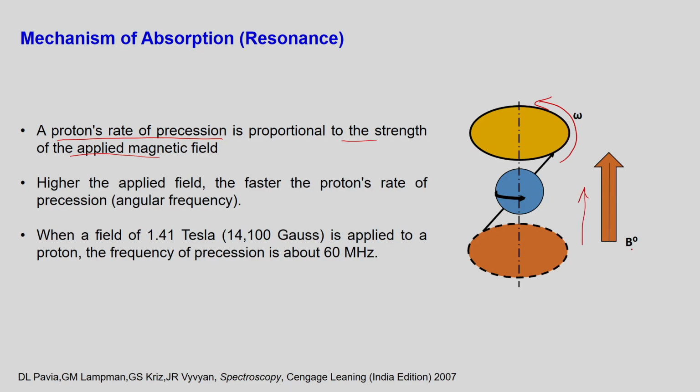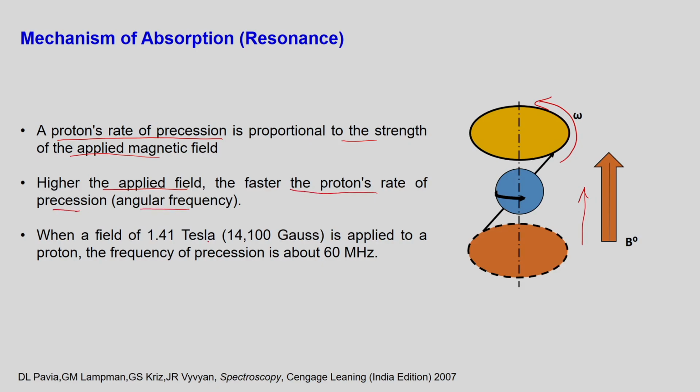This omega also depends on the magnetogyric ratio which I told you, which is nothing but the ratio of the magnetic moment to the angular momentum. So, the higher the applied field, the faster the proton's rate of precession or angular frequency.